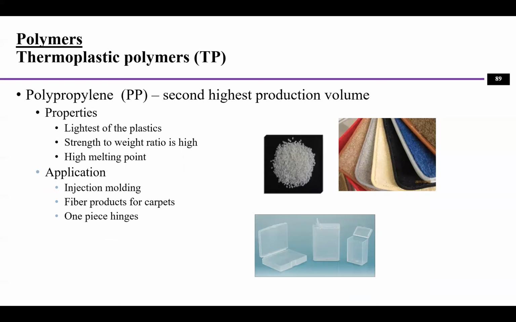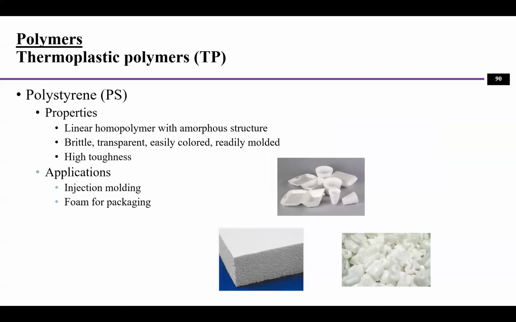And polypropylene is another common thermoplastic for injection molding. Polystyrene, styrene foam, is another common material typically used for packaging.